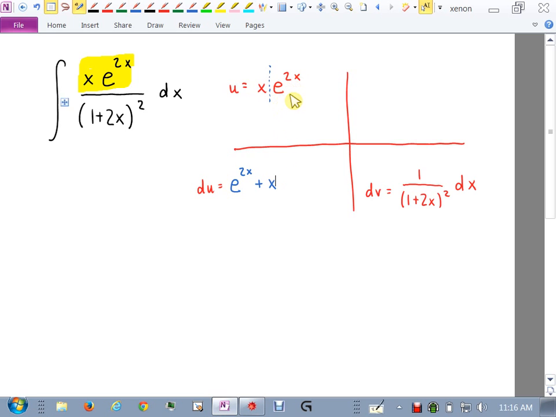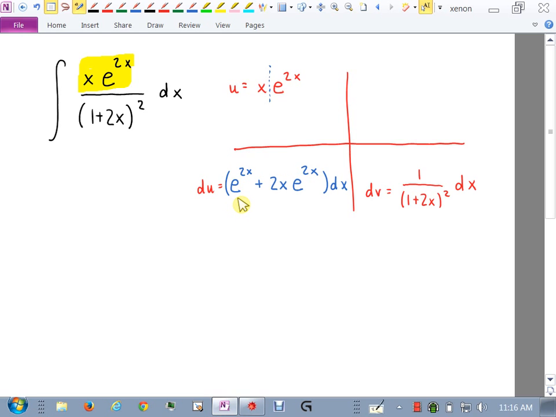The derivative of e to the 2x is itself times the derivative of what's up there, which is 2. So I put that next to the x: 2x e to the 2x dx. Agreed?